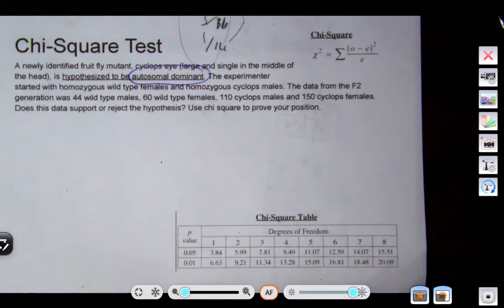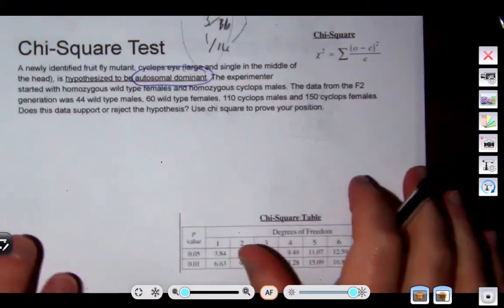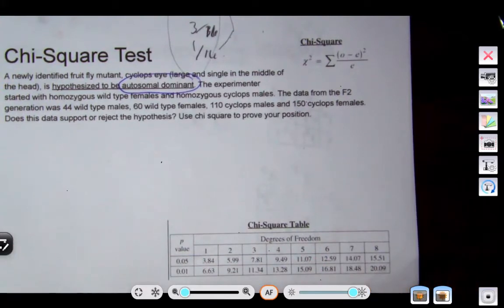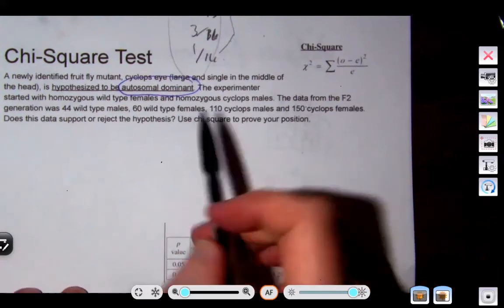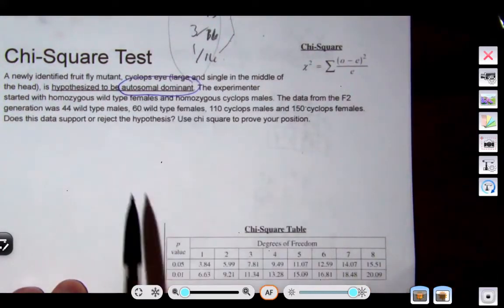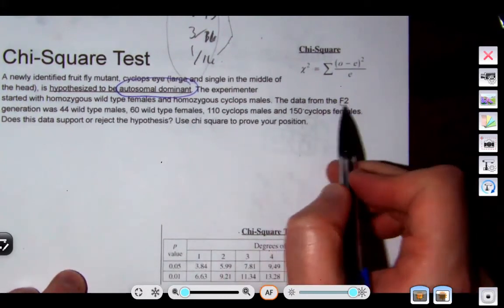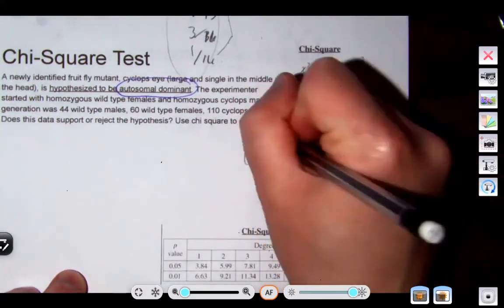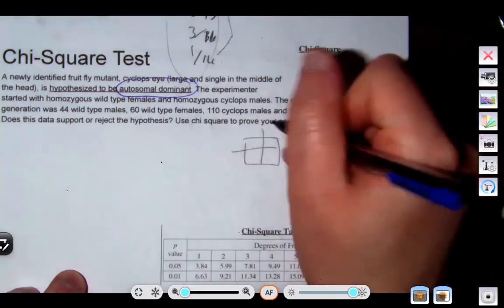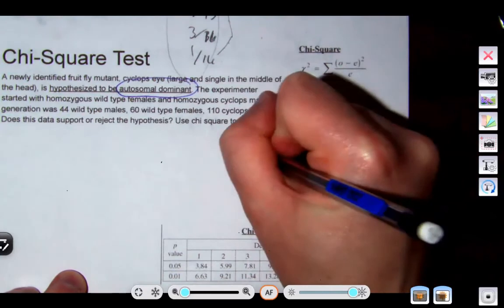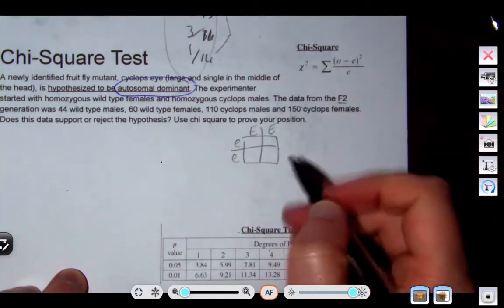So we don't actually need to do any sort of sex-linked stuff for this right now. All we need to do is figure out, hey, what is the probability for each? And so we're looking at autosomal dominant. This is our hypothesis. So the data from the F2, our F1 generation, by the way, let's go with E. So here's our F1 generation.